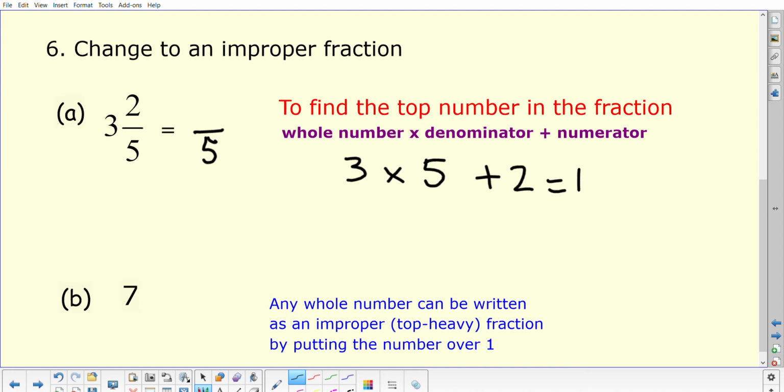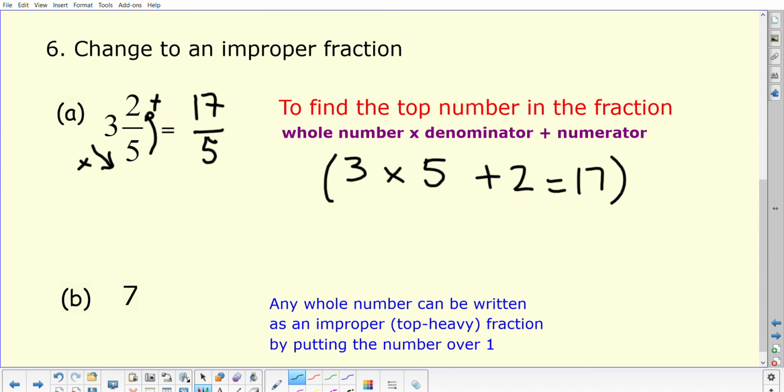That gives us 17. That tells you how many of these fifths you're going to have. So that's where the 17 on the top comes from. So try and remember that whatever the whole number is, you times the denominator, right? So you go that way, times the bottom number, and then you go up to the top and add on what's up there.